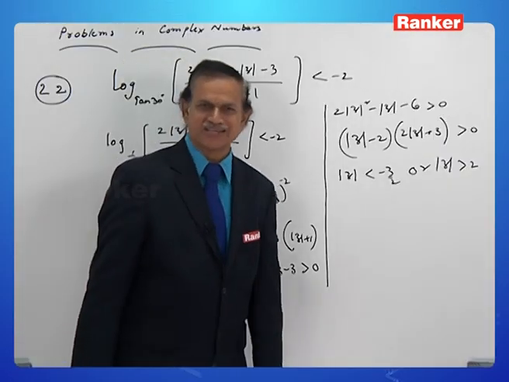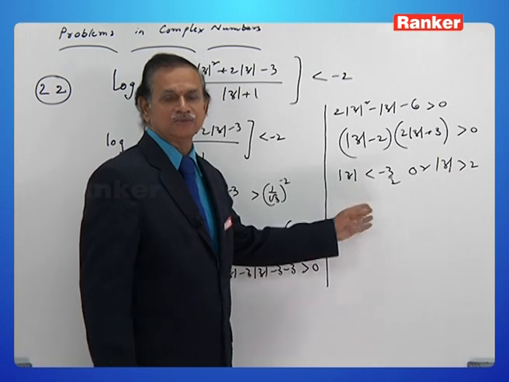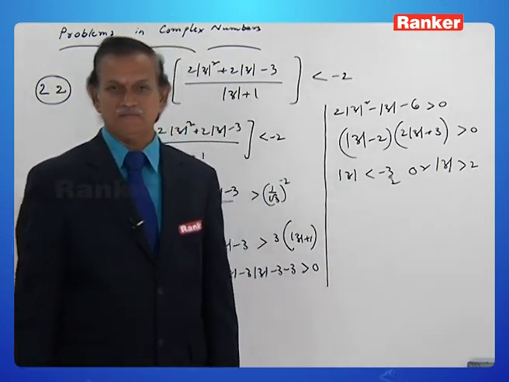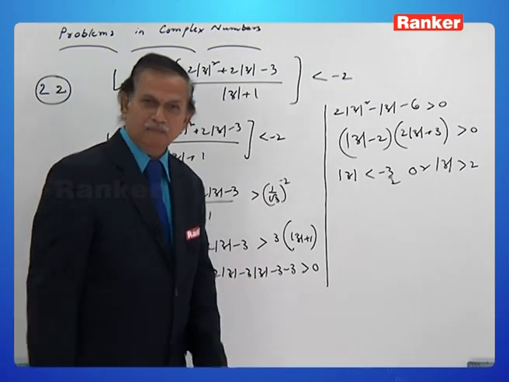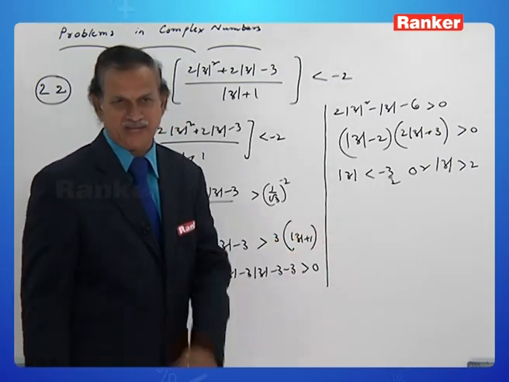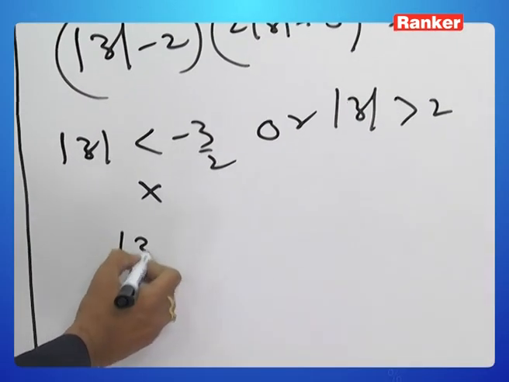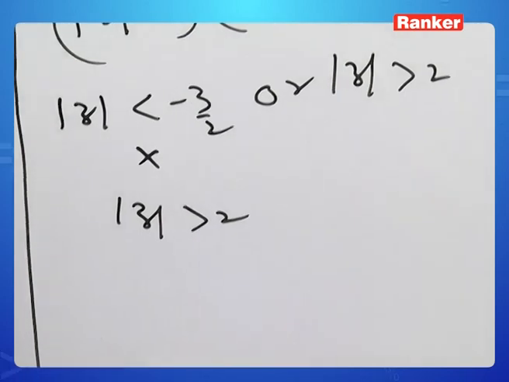Everyone can say that the first is impossible because the modulus of a complex number is a non-negative real number. It cannot be negative. As this is impossible, what must happen? Mod z is greater than 2.